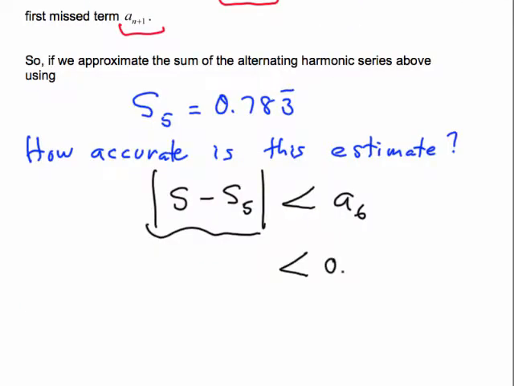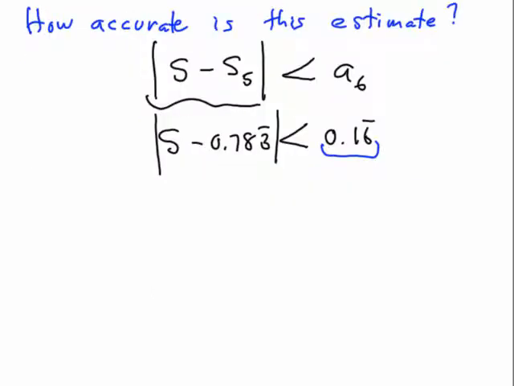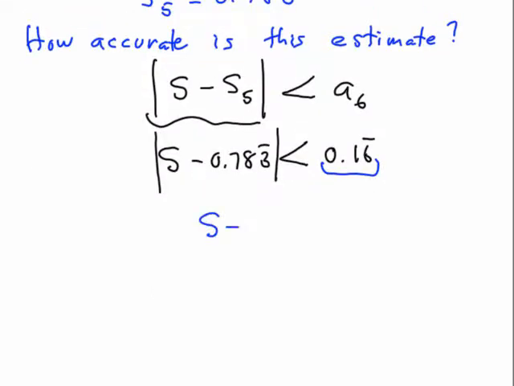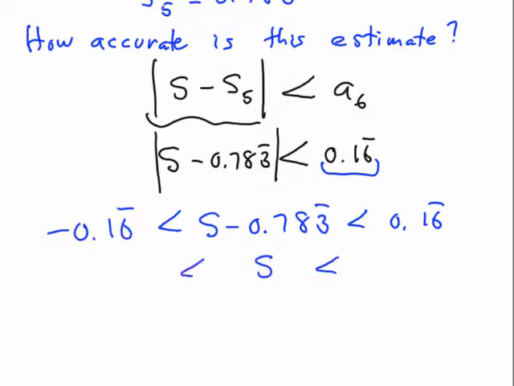Remember, we're taking just the positive part of that, also because we have the absolute value signs here. And so our error is this much, which means that adding 0.783 repeating to both sides, our actual sum is between 0.62 and 0.95.